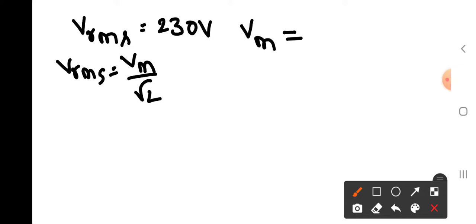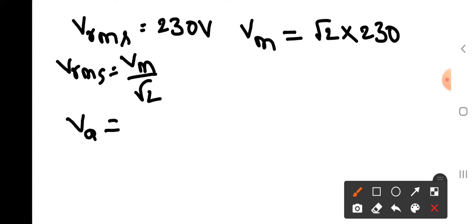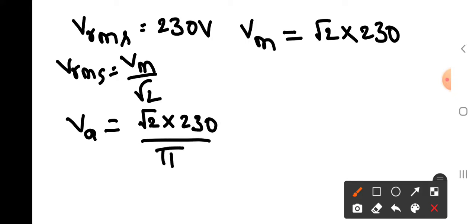Then Vm is equal to Vrms into root 2, that is root 2 into 230. Therefore, what is VA? VA is equal to Vm by pi into 1 plus cos alpha, that is cos 60 degrees.